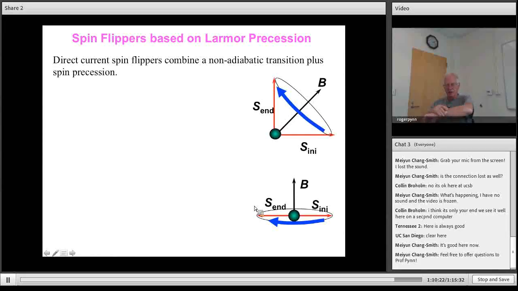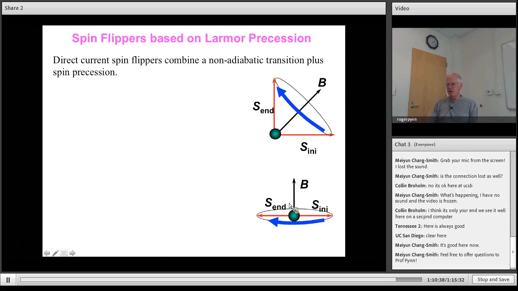Here's another one, which is perhaps what we'll finish with this time, and that is a device which is called a Mezei flipper, which relies on a DC current in order to flip the neutron.